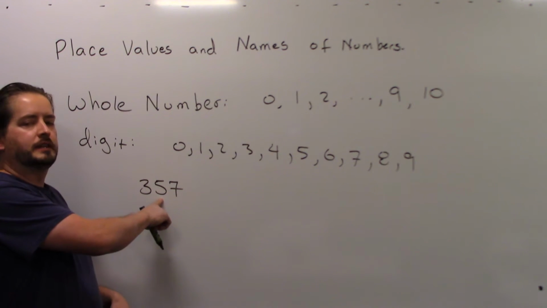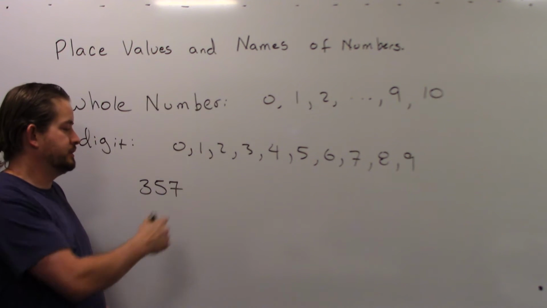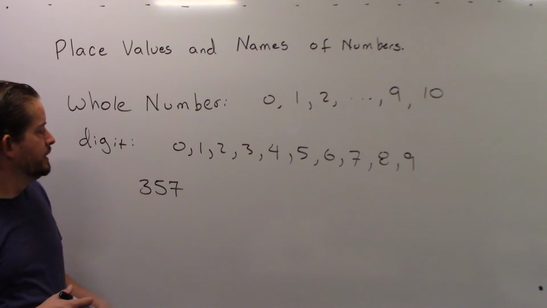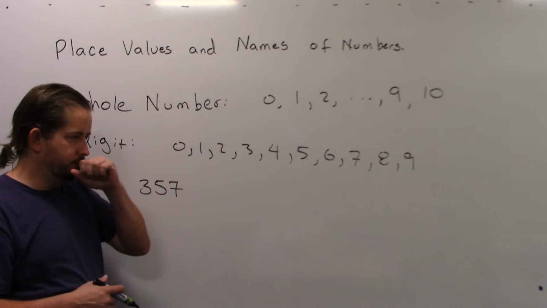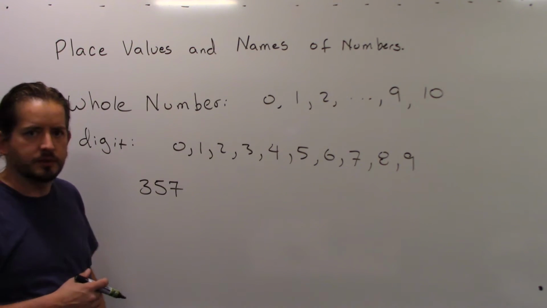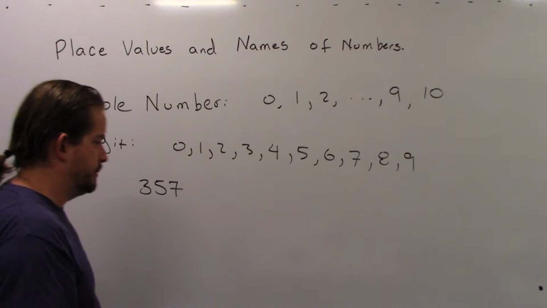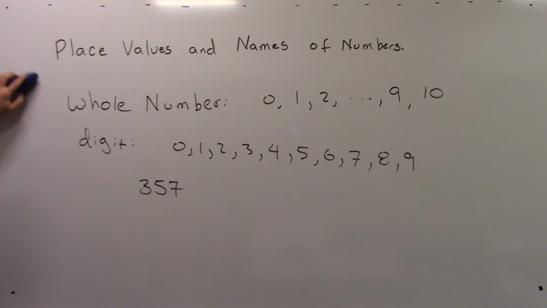The 5 is in the tens place, it's worth 5 tens or 50, and then the 7 is just in the ones place, right? And so it's this placement system that we'll talk about next. I'm kind of getting hoarse here, but we're going to talk about those larger numbers.